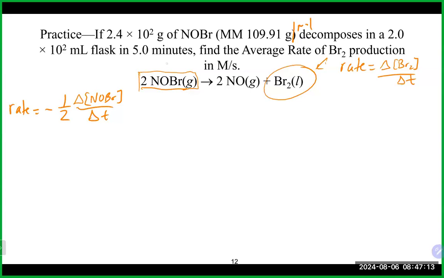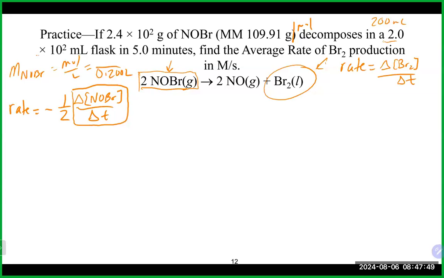Now, since in this case we have information about NOBr, that is going to allow us to calculate this part of the rate expression from the information given to us. Obviously, the top part is the change in the concentration of NOBr, which means we need to calculate the molarity of our NOBr, which would be moles per liter. This is going to be our liters part here. That is 200 milliliters, which is the same as 0.2 liters if you convert it.